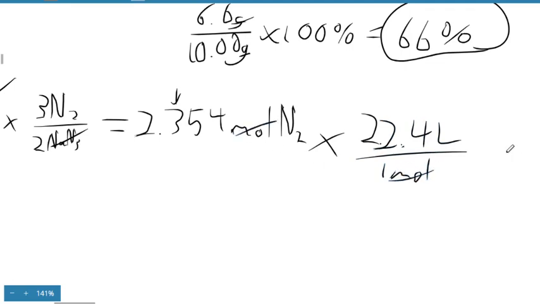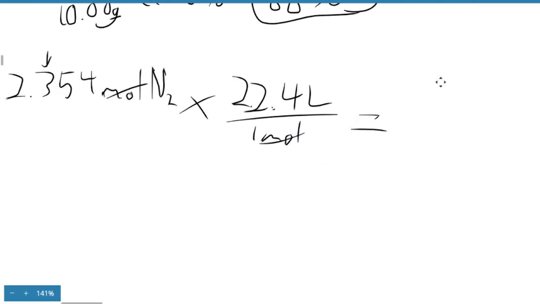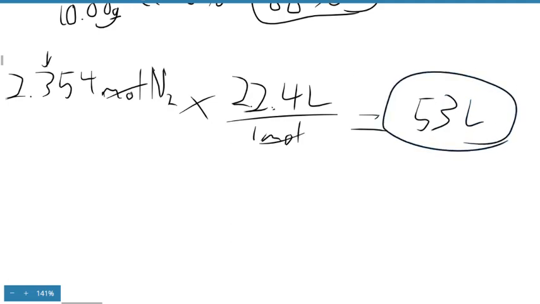So cross out the moles, then we can find this pretty easily. Just multiply times 22.4. This is our final answer, so we can round it to 2 sig figs, which is 53 liters. And that is our final answer.